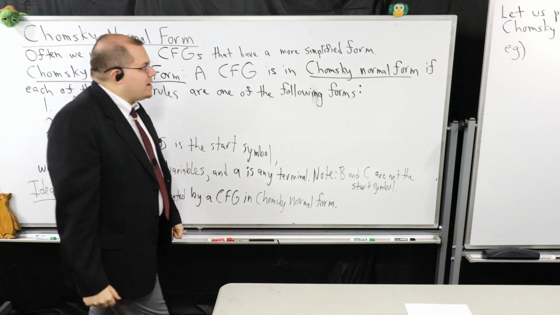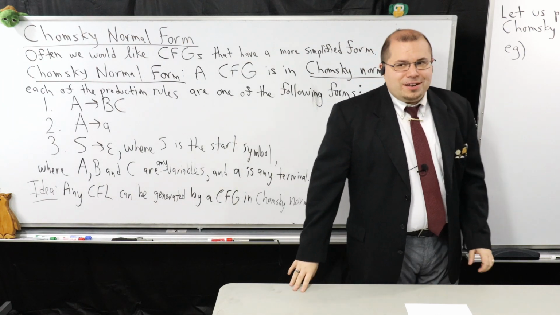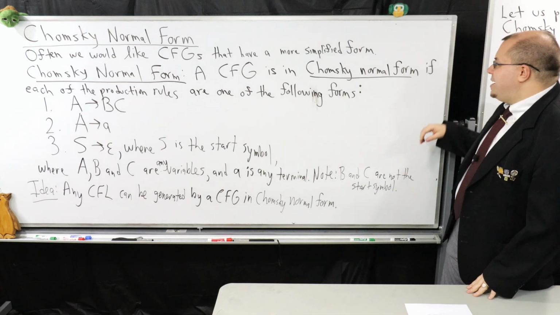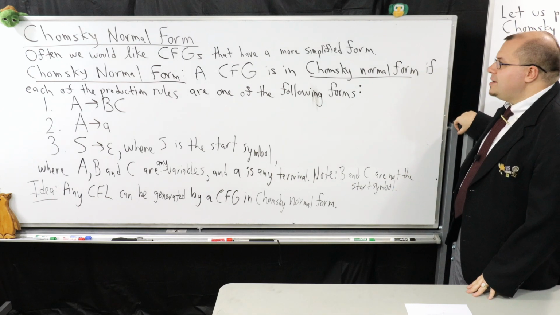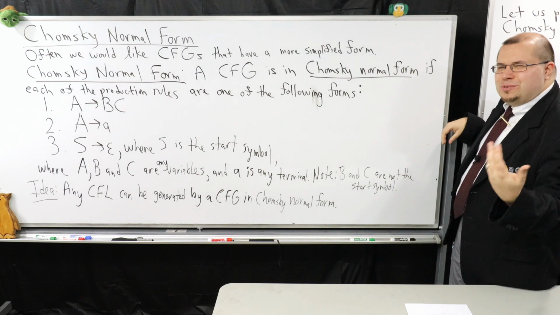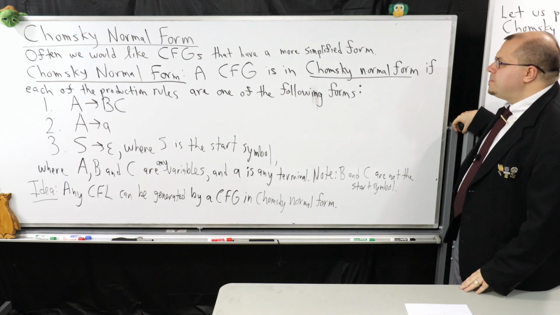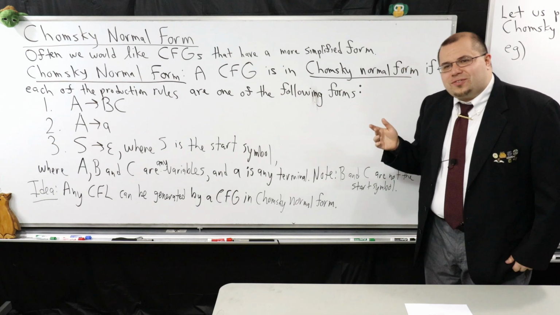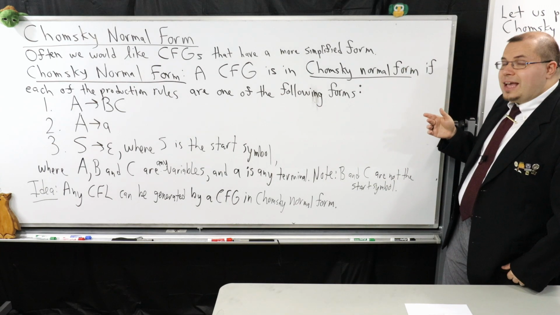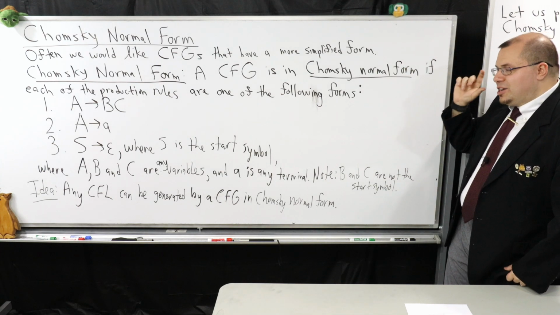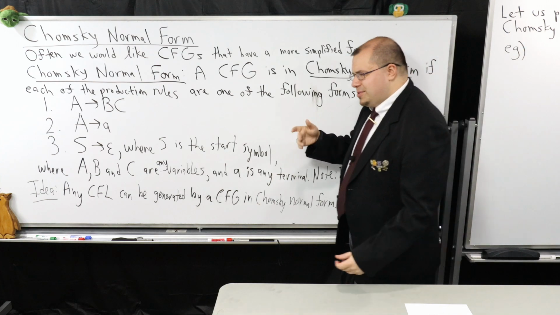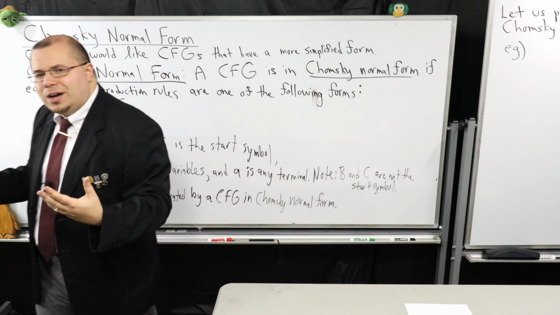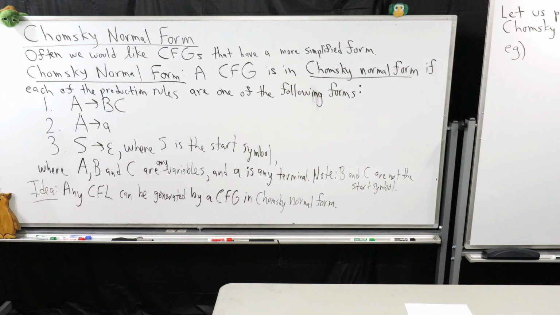So let's start talking about an interesting topic in its own right. I think it's an interesting deviation from what we talked about last day, when we talked about ambiguity, and we had this issue with context-free grammars of ambiguity. Now, this won't exactly fix that problem, but this is often a strategy that people use: they like to have context-free grammars that have a much more simplified form. Because context-free grammars, as you've seen from the examples we've done up to this point, there are a lot of ways you could express a context-free grammar.